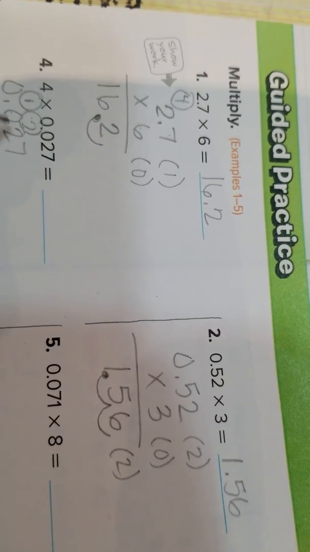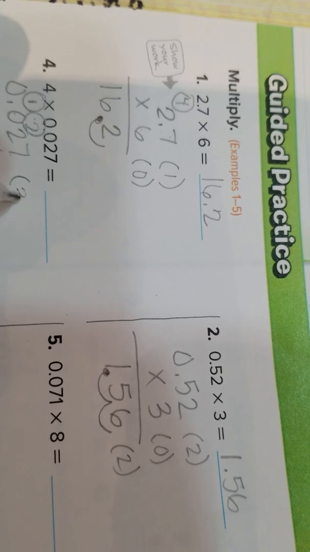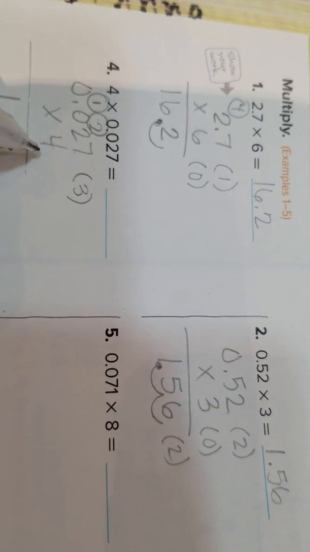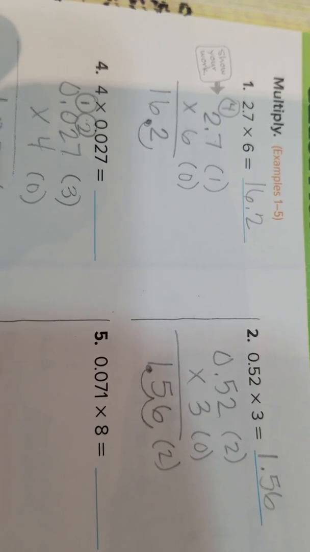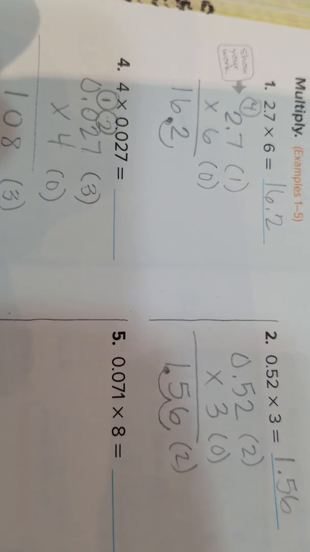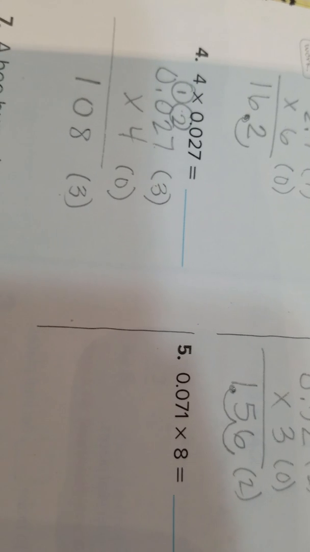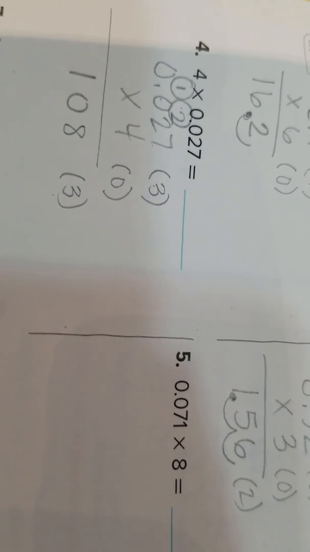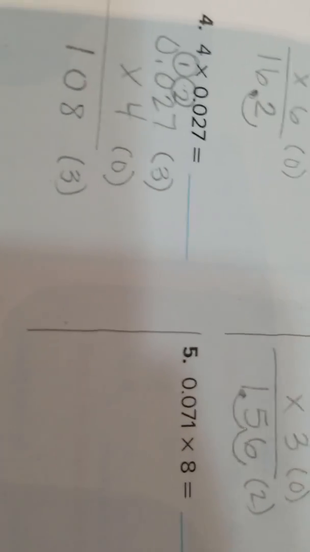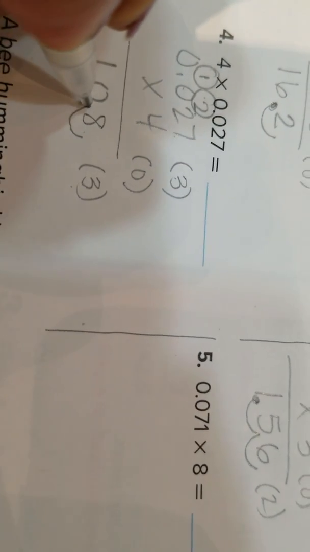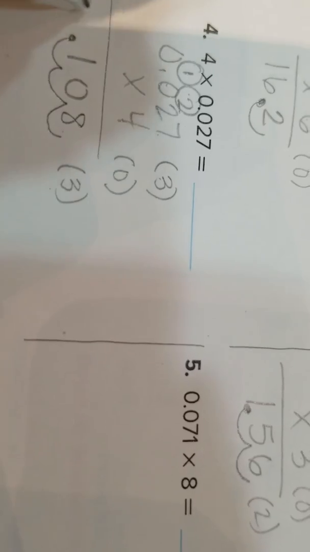So we have 1, 2, 3 numbers after the decimal point, and then no numbers after the decimal point. So our answer needs 3, because 3 plus 0 is 3. And keep in mind, this time we're multiplying by whole numbers, so there is nothing after the decimal point on one of the numbers we multiply. So 1, 2, 3, and we can put the 0 in the front. So 0.108.